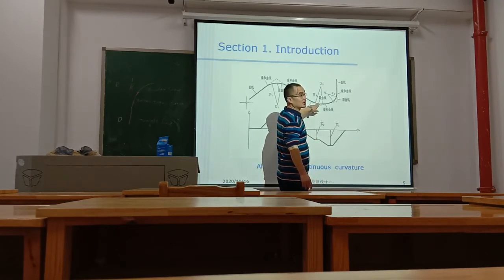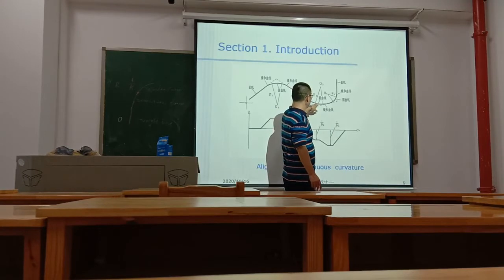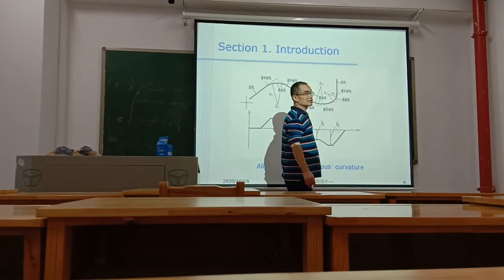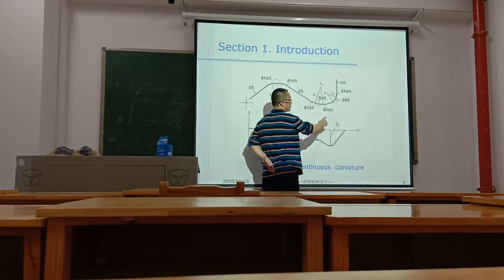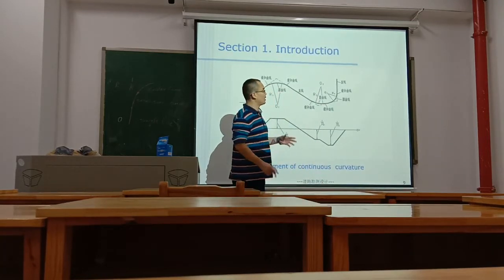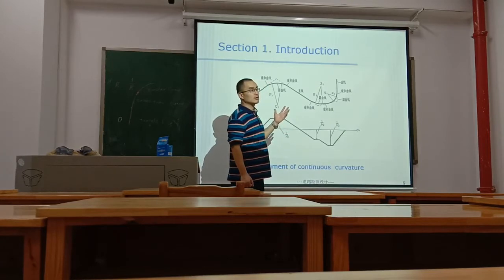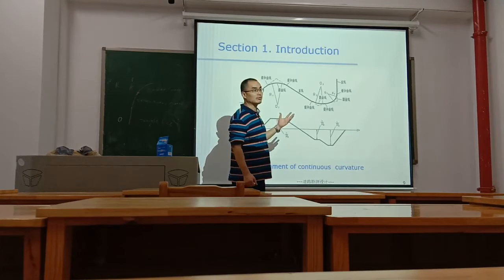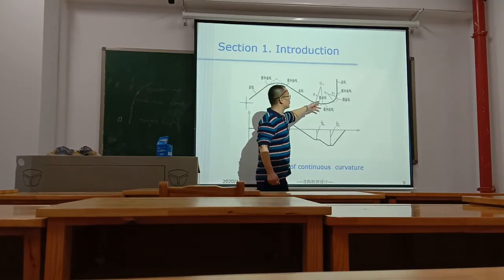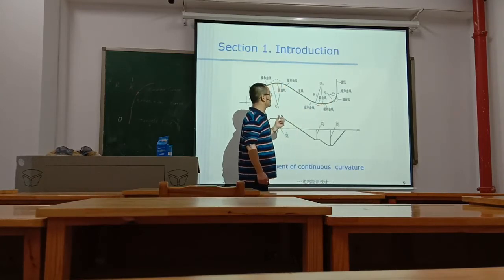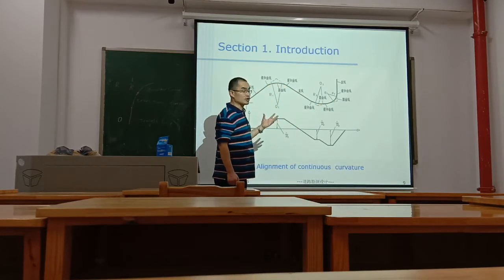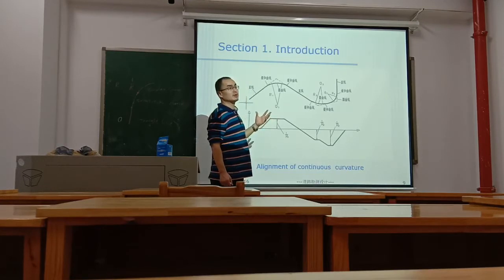This is a circular curve. This is a circular curve. So this is the transition curve. Between two circular curves, a transition curve is necessary.